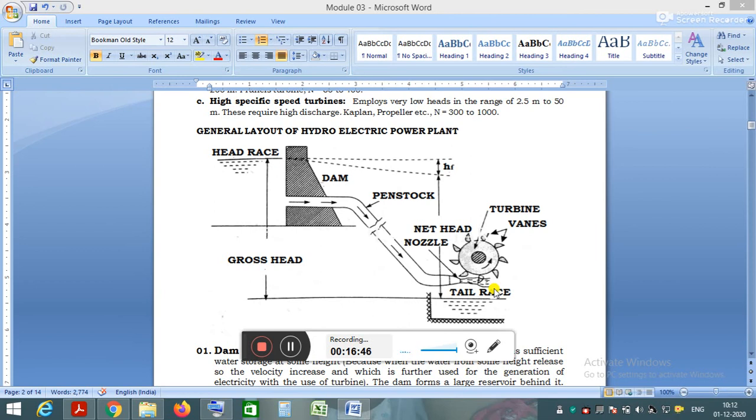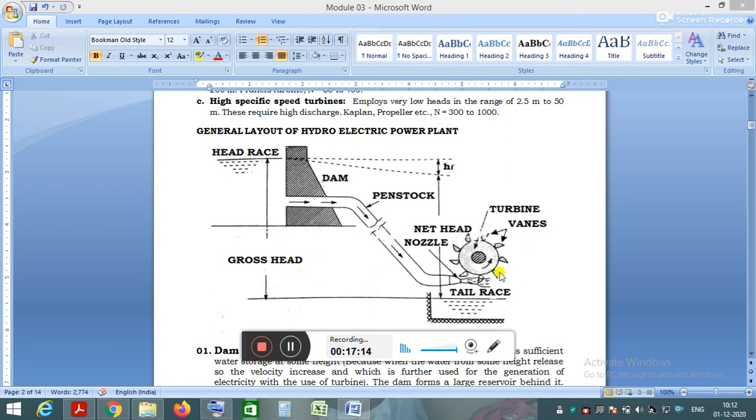Effective head. It is the difference between the gross head and the head lost in the penstock. When the water is made to flow through the penstock, some energy will be lost due to friction and other things, and the head available at the inlet of the turbine is always lesser than the gross head.